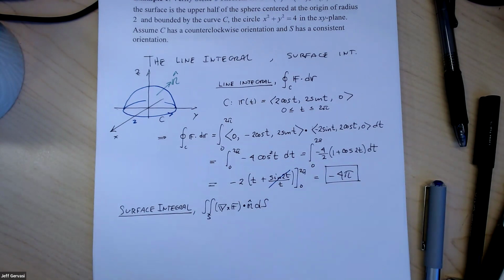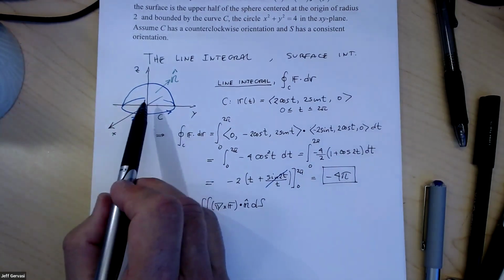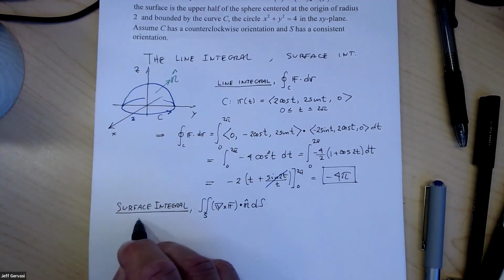Okay. Now, what I'm going to do for this is, because I can use any surface that's compatible with the curve C and the unit normal, I'm going to replace that surface right there with an easier one.